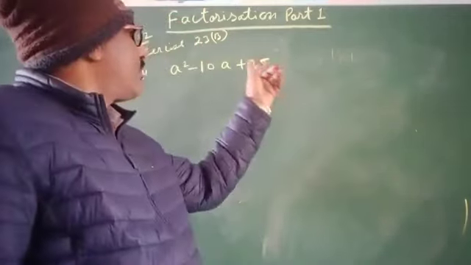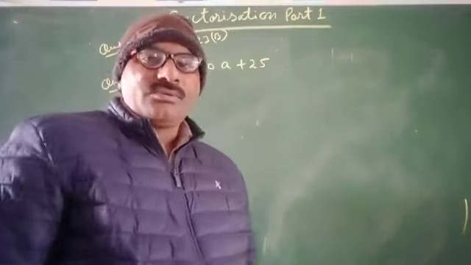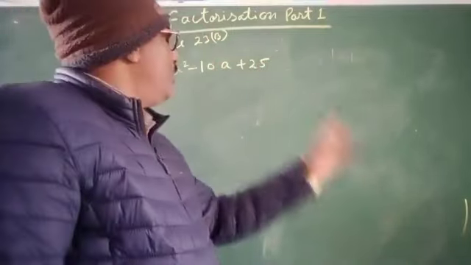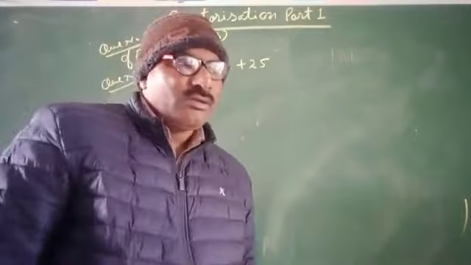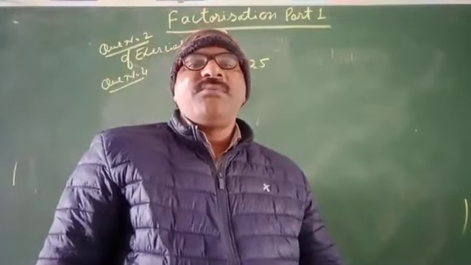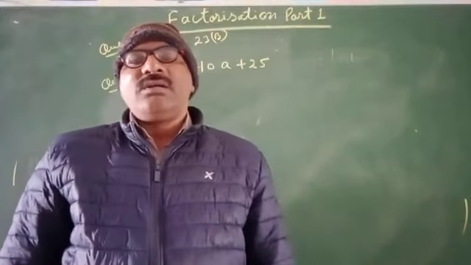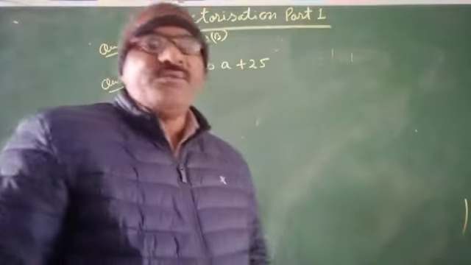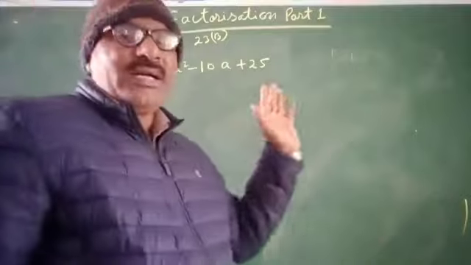When you break 25, find the factors of 25, then we get the factors of 25 will be 5 multiply 5. When you multiply 5 and 5, you get 25, and when you add 5 and 5, you get 10.